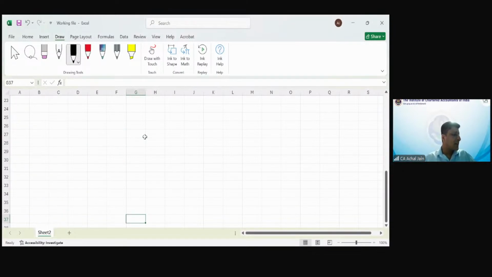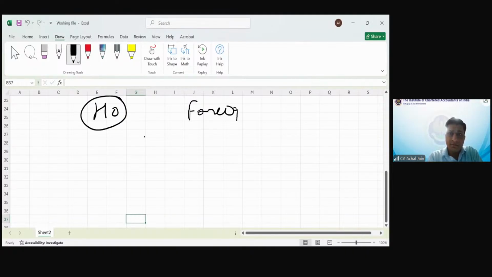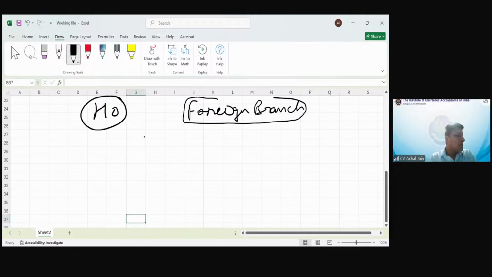If you look at the transactions, there is a head office and there's a branch. This is a foreign branch. The branch says that it has received goods from head office. So head office has sent some goods to the branch.